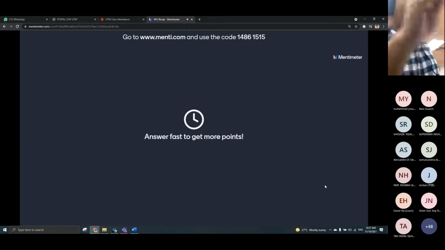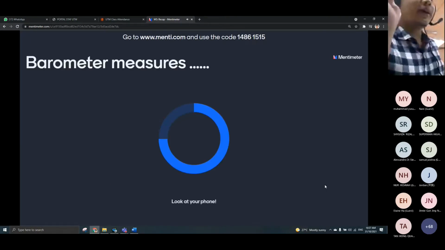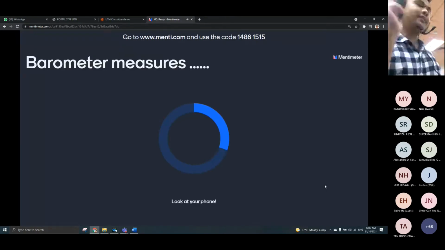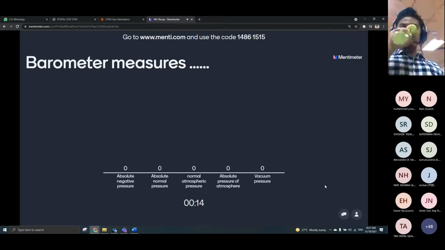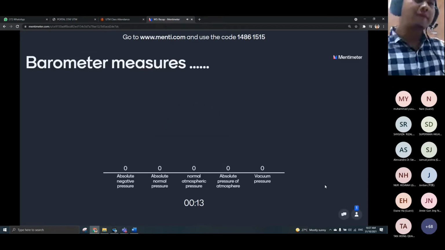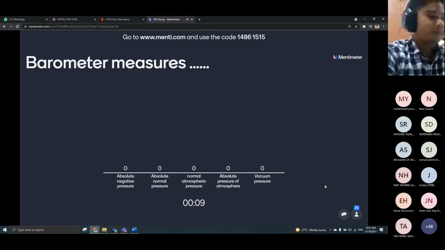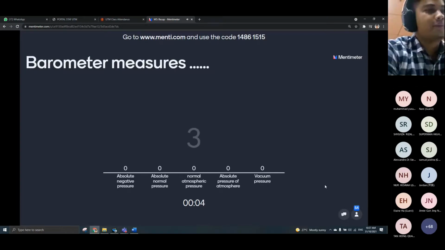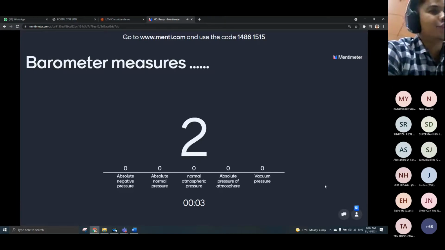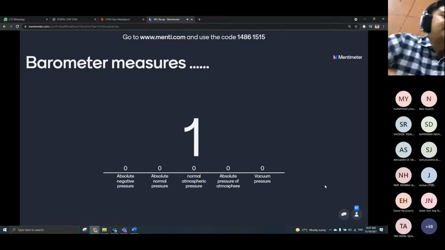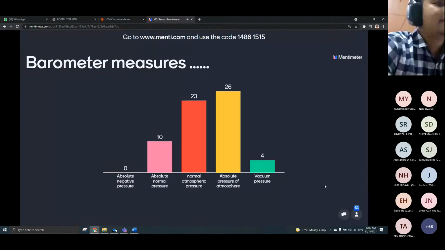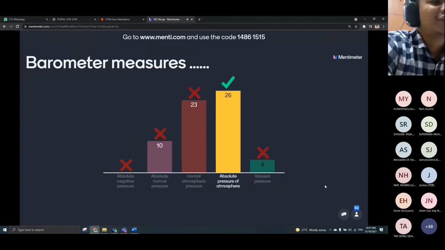Answer fast to get more points. So, barometer measures what? Okay, 3, 2, 1. Time's up. It is not normal. Barometer measures the absolute pressure of the atmosphere.